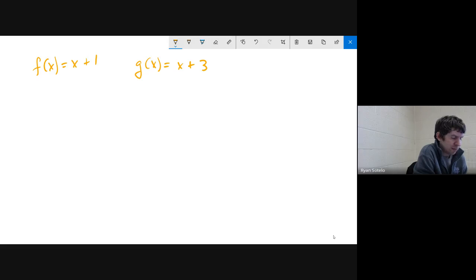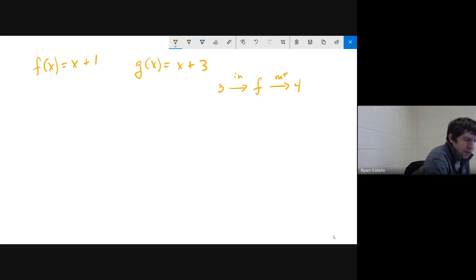A composition of functions is when you feed one function. So remember, a function is, if I feed in, let's say, the number 3 into f, f will output 3 plus 1, 4. So in, out.